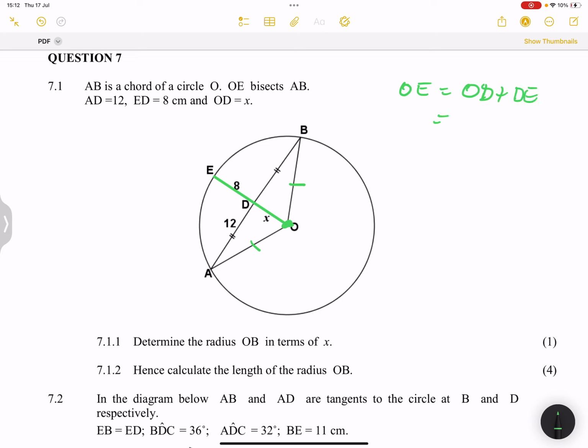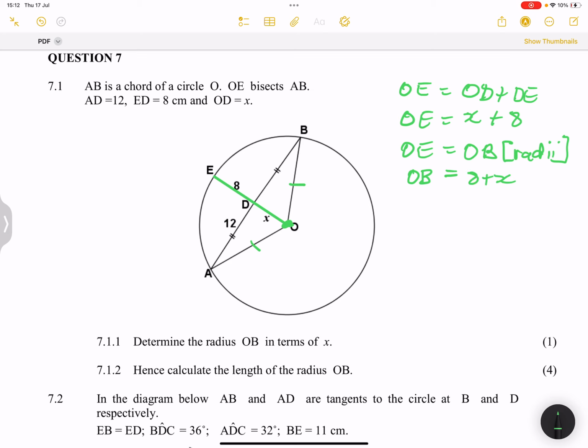And so OD is X and DE is 8, which means OE is 8 plus X. But we know that OE is equal to OB. Why? Because they are radii. And so that means OB must therefore be equal to 8 plus X.